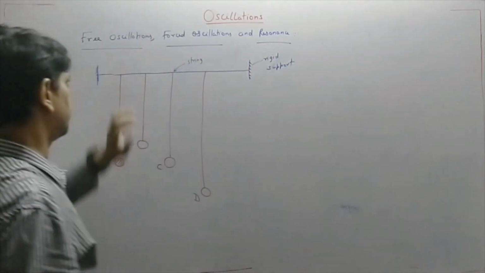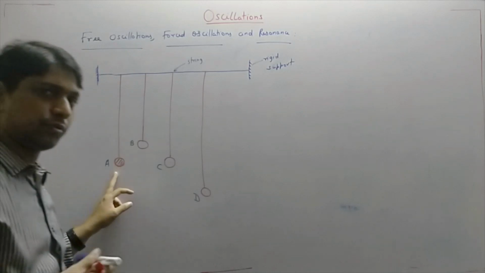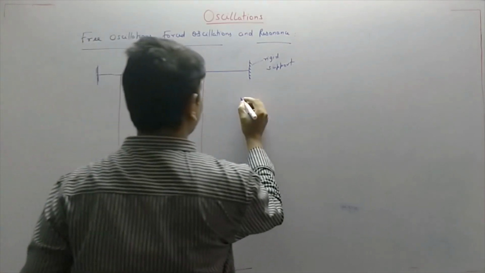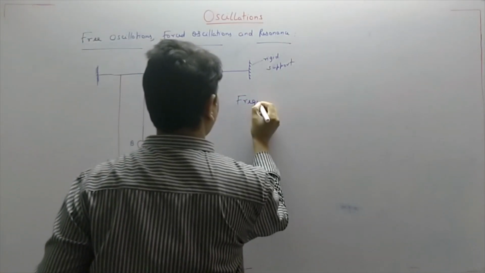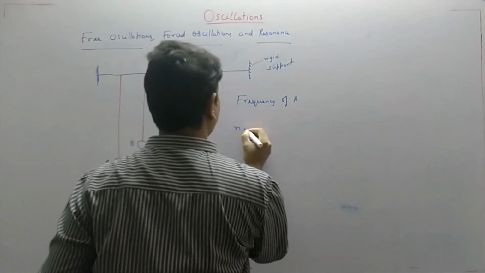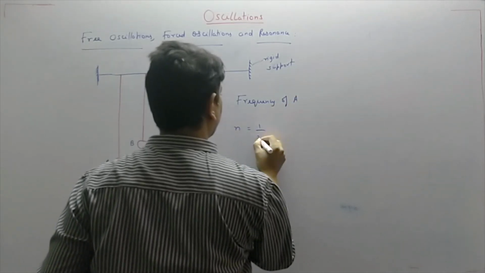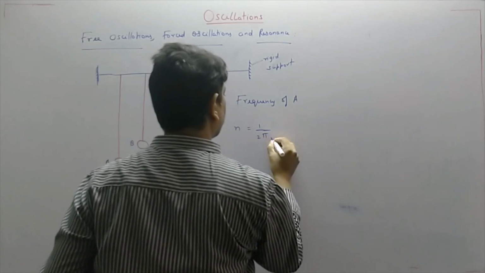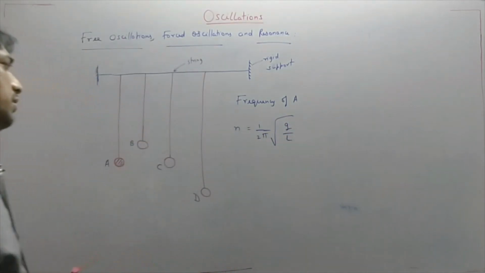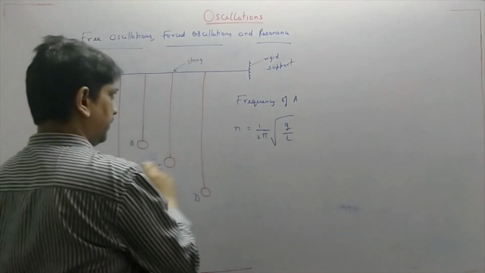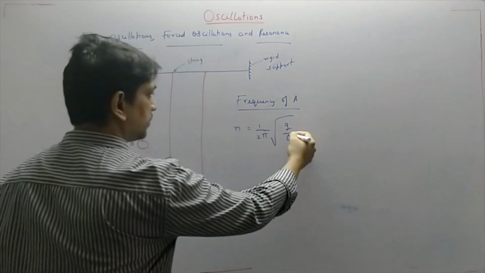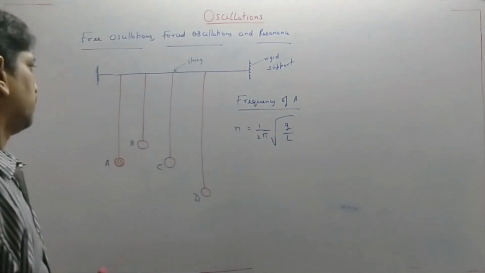That type of vibration is called free oscillation. So it will vibrate on its own with its own natural frequency, and the frequency of A is given by N equals 1 upon 2 pi under root of g by L, and depends upon the acceleration due to gravity.